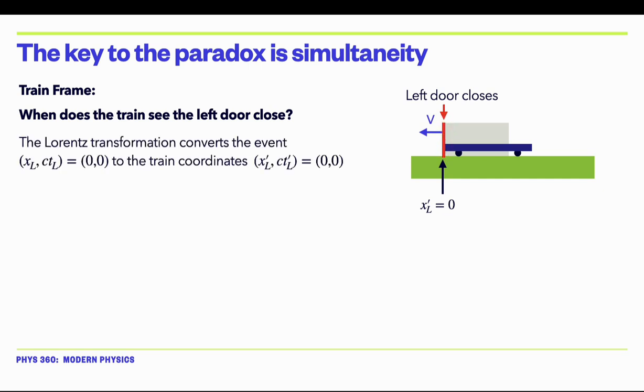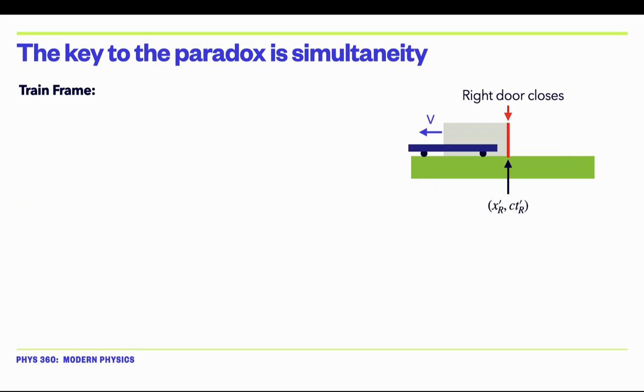Remember, our space-time event was in the tunnel frame: x comma ct was just 0, 0. If you plug that into the Lorentz transformations, you get 0, 0 out. So this left door, in both the train reference frame and the tunnel reference frame, closes at time t equals 0.